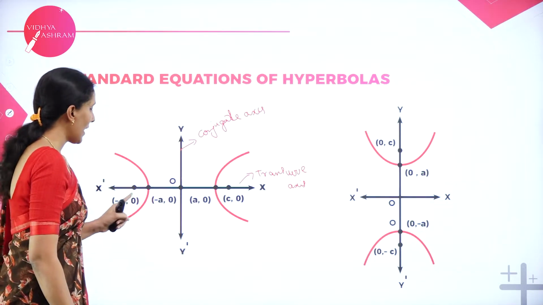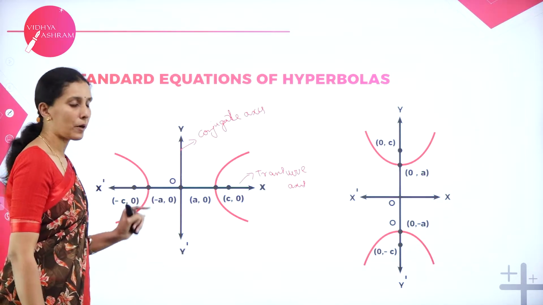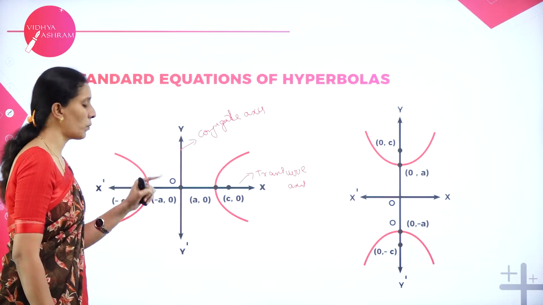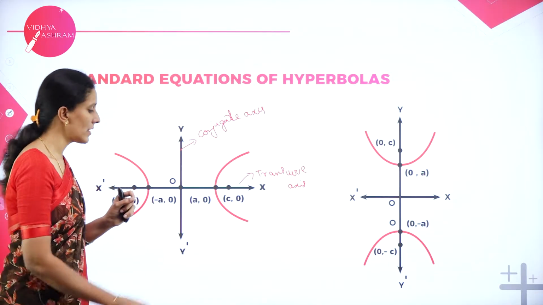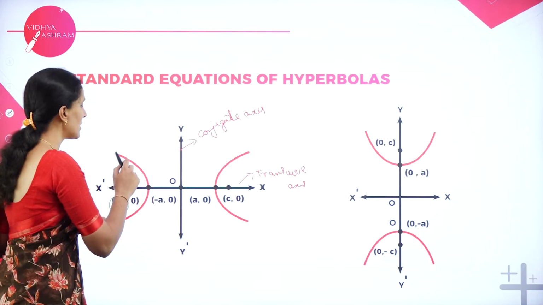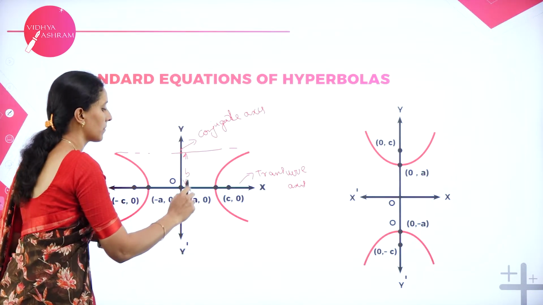It is the line where the foci and the vertices of the hyperbola lie. The curve touches the x-axis at two points. Those two points are called the vertices, and they are at a distance a from the center. This distance is b.